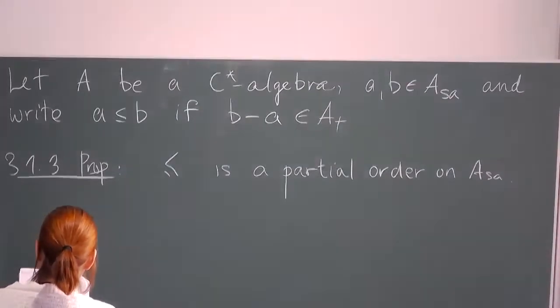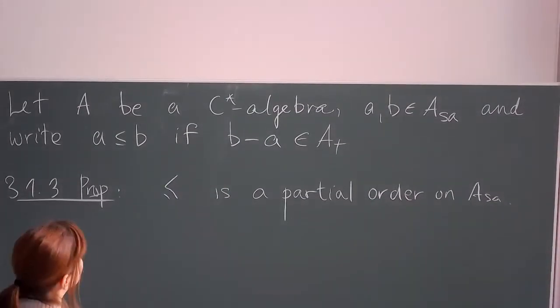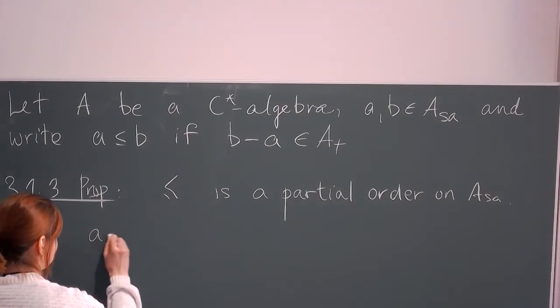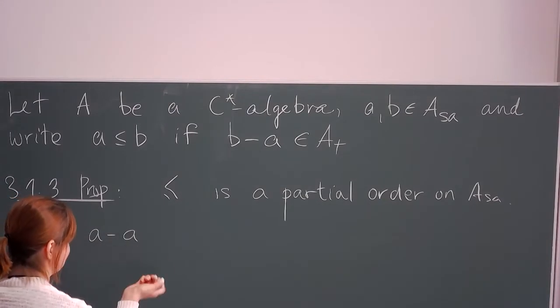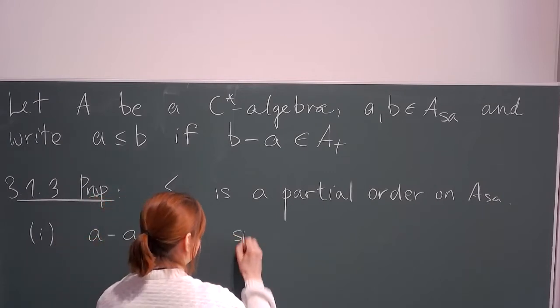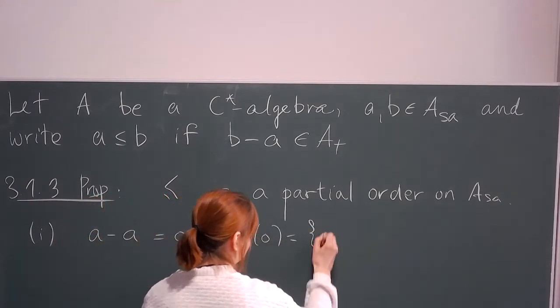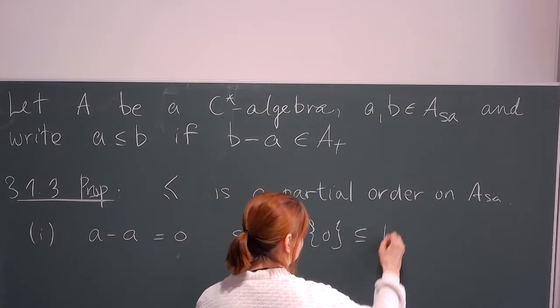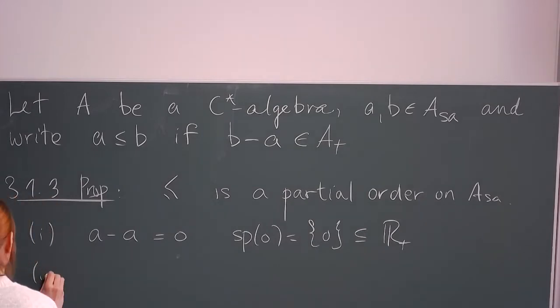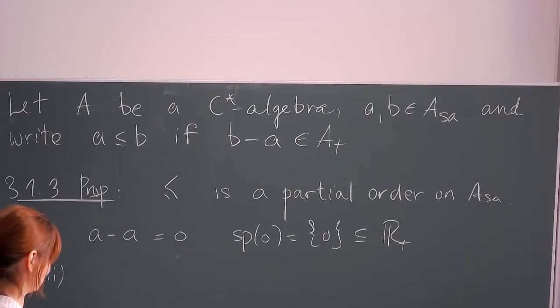And okay, the first two are not so difficult to check. So for reflexivity, obviously A minus A is 0, which is positive because its spectrum is 0. So that's certainly in R plus. So that's good, it's reflexive. Anti-symmetry, again, is relatively easy for essentially the same reason.